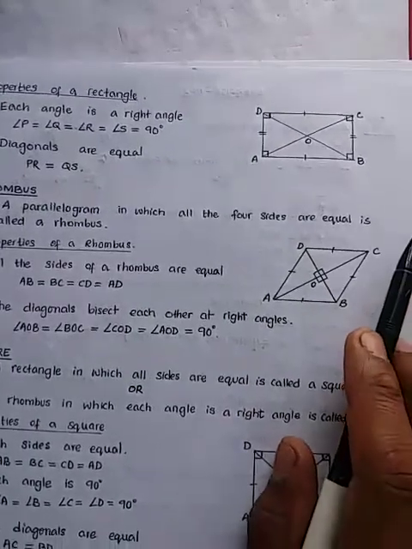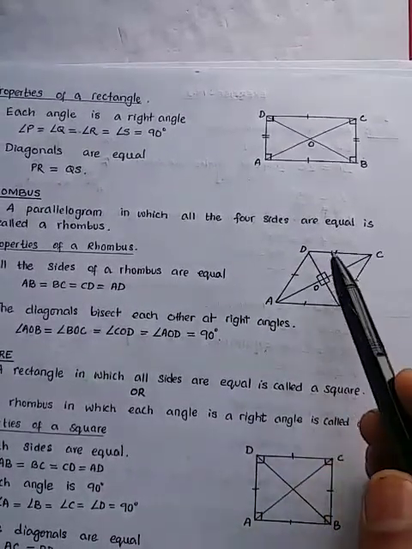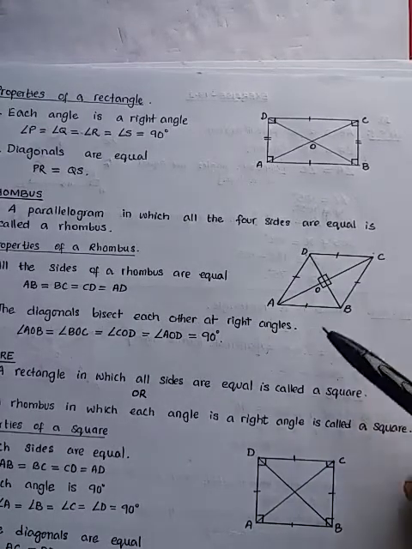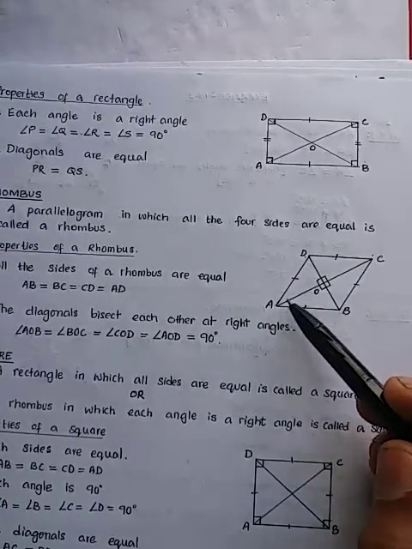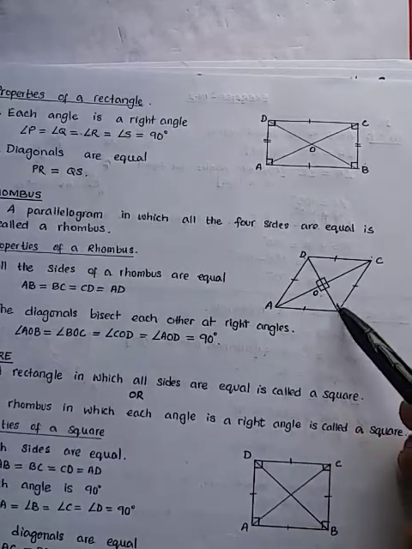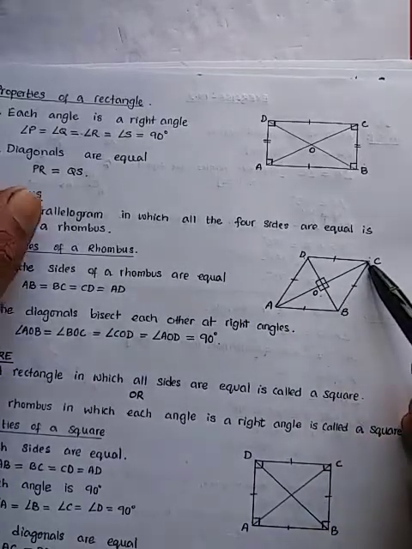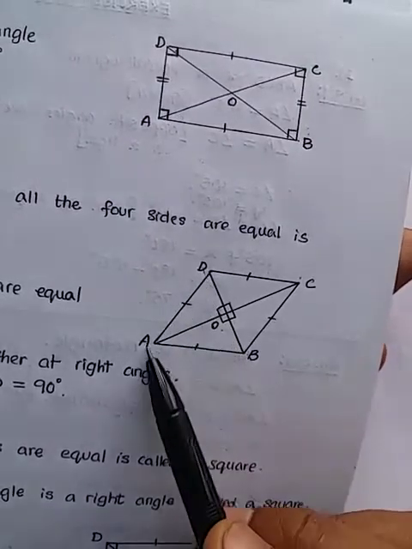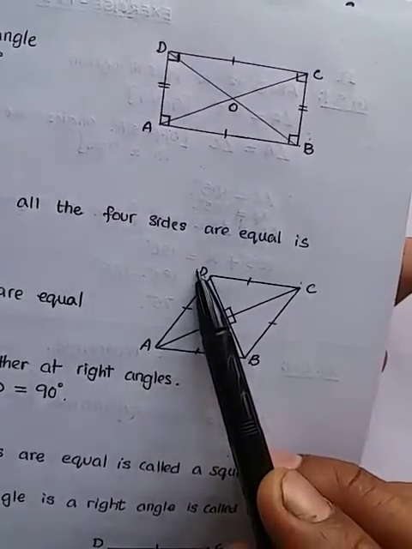And then one very important property is the diagonals bisect each other at right angle. That means AOB is 90 degrees, BOC 90 degrees, COD 90 degrees, AOD 90 degrees.